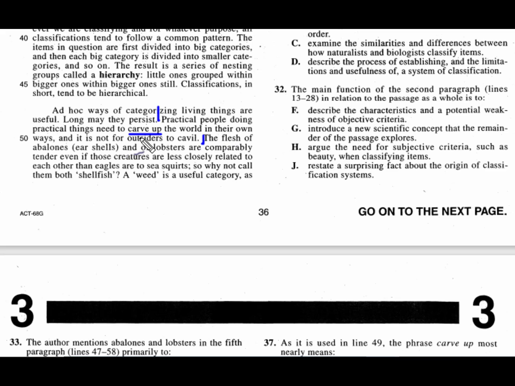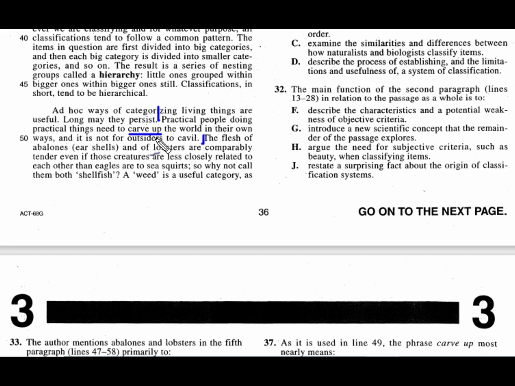So you would carve up a piece of pumpkin pie in the size that you would want, and here gouge kind of means like you're taking a hacked chunk out of it. I feel like that doesn't work, gouge. Let's take a look at B. B says minimize, all right? Start reading, plug them in. Practical people doing practical things need to minimize the world in their own way. That doesn't make any sense. Carving up and minimizing, that's just not a synonym.